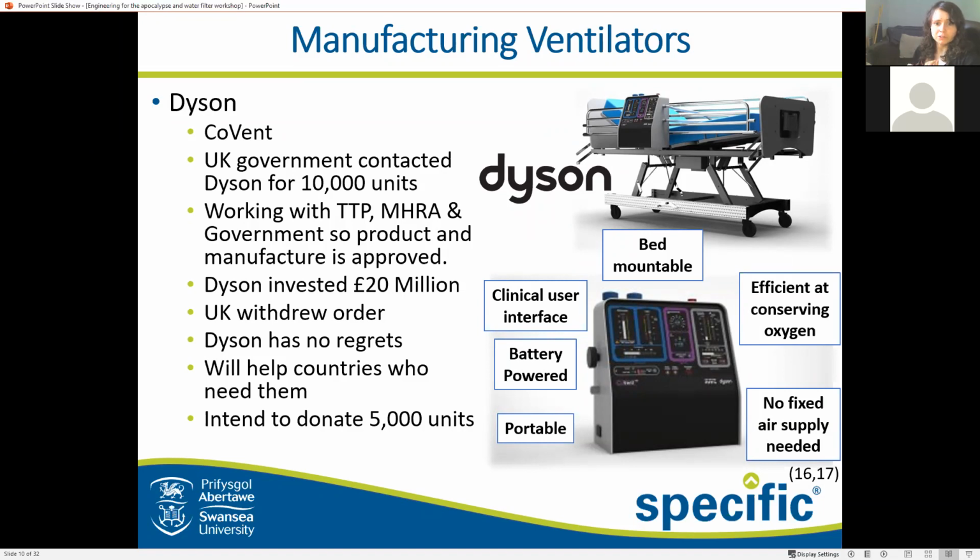So after this was done, you produced a ventilator which was efficient in conserving oxygen, that was bed mountable, so unlike most, it's actually portable where required, doesn't need a fixed air supply, and was built to address actual clinical needs for COVID-19 patients.